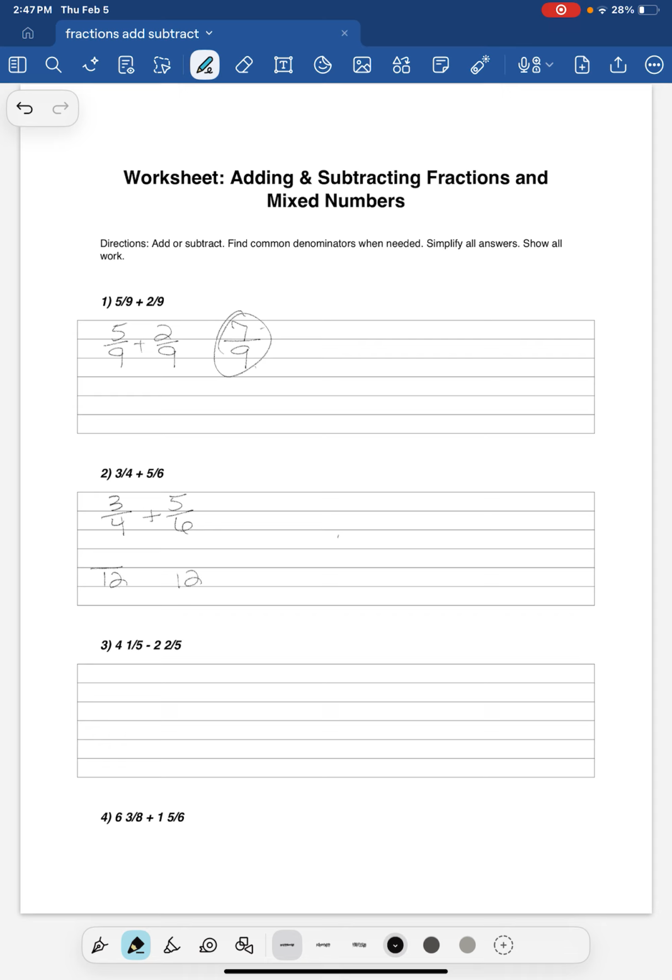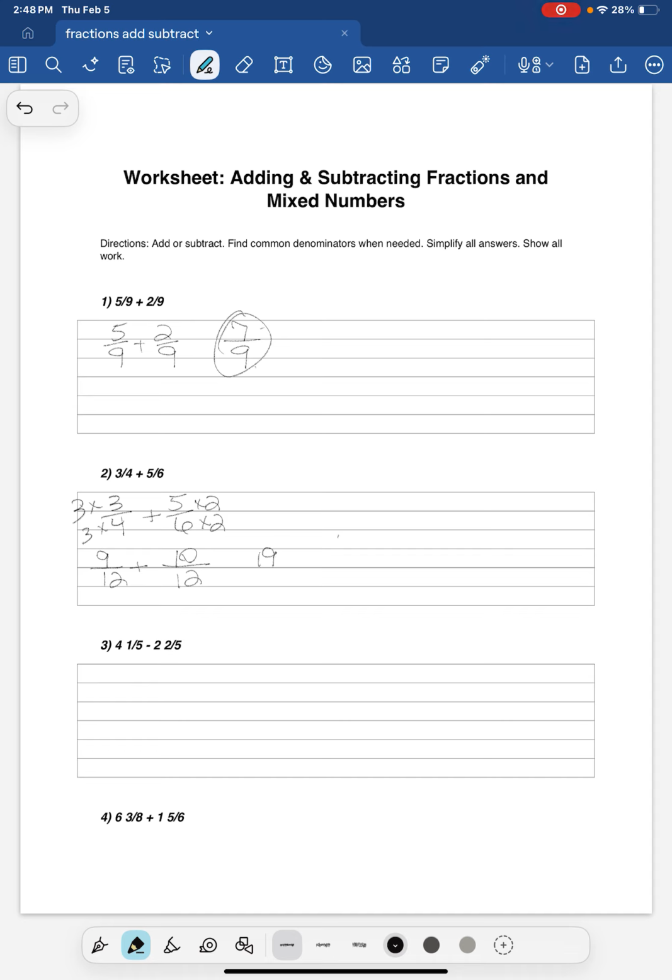And so we just have to make sure that we do the same thing to the numerator that we did to the denominator. So here we multiplied 4 by 3, so we've got to do the same to our numerator. So we have 9 over 12 plus, and here we multiplied that by 2 to get 12, so we do that here, and we have 10.